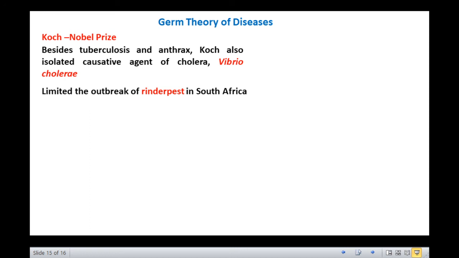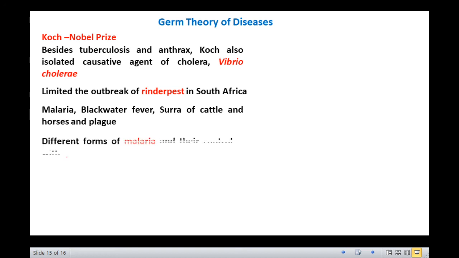This was followed by his work in India and Africa on malaria, water fever, surra of cattle and horses, and plague, and the publication of his observations on these diseases in 1898. Soon after his return to Germany, he went to Italy and the tropics, where he did useful work on the etiology of different forms of malaria and their control with quinine.